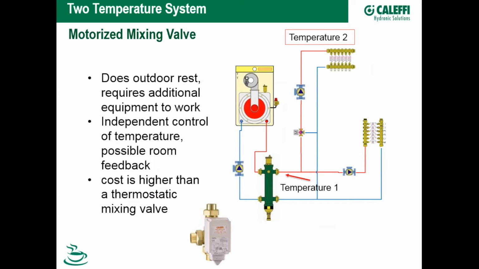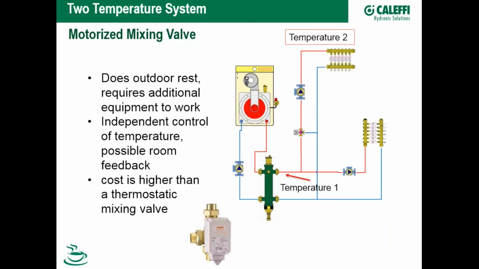From an application standpoint, it's piped very similar to the thermostatic. There's a hot port, there's a cold port, and there's a supply port. So hot water will come into one side. Typically, cold water comes into the bottom of most of your motorized mixing valves. And here's the outlet temperature that I'm driving as my lower temperature number 2. Okay? Now, to complete this package, in most cases, I'm going to do outdoor reset with it.